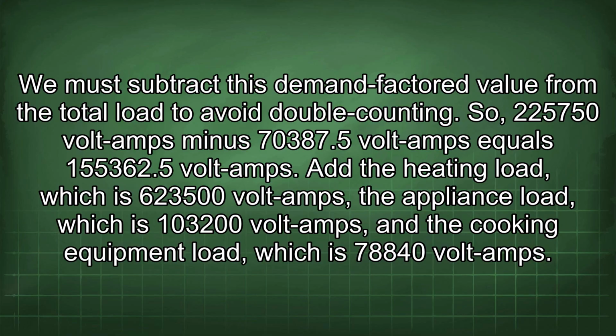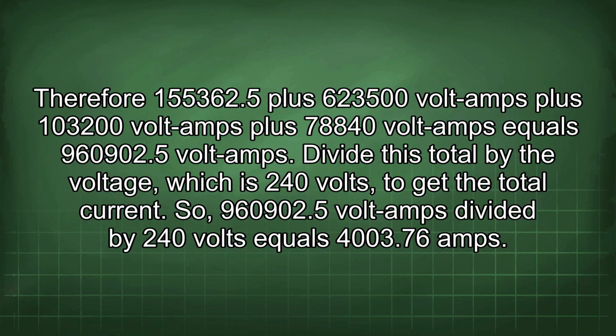Add the heating load, which is 623,500 volt amps, the appliance load, which is 103,200 volt amps, and the cooking equipment load, which is 78,840 volt amps. Therefore 155,362.5 plus 623,500 volt amps plus 103,200 volt amps plus 78,840 volt amps equals 960,902.5 volt amps.